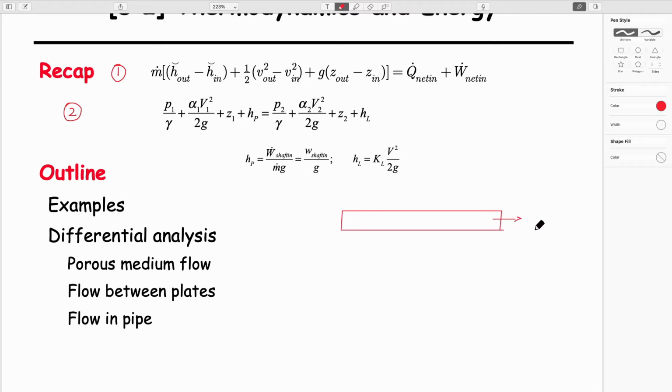By convention, I always do it as 1 and 2, but we've done this before. So this would be upstream velocity, upstream pressure, upstream elevation, and potentially upstream enthalpy, and the same downstream.